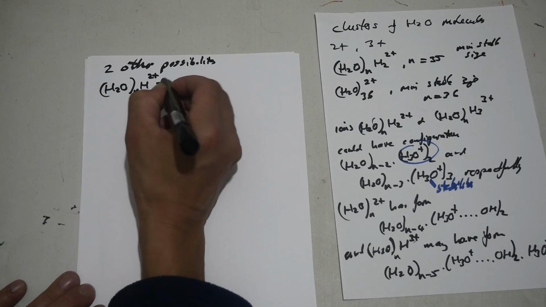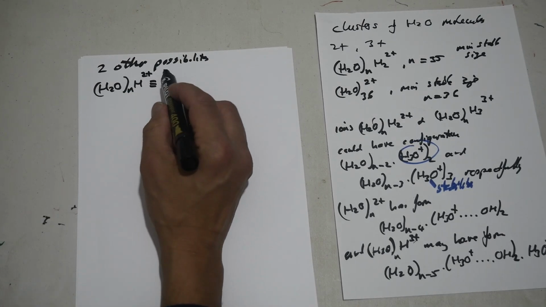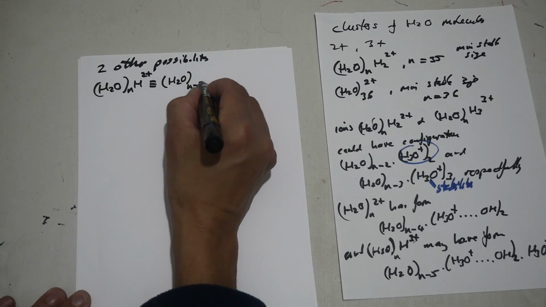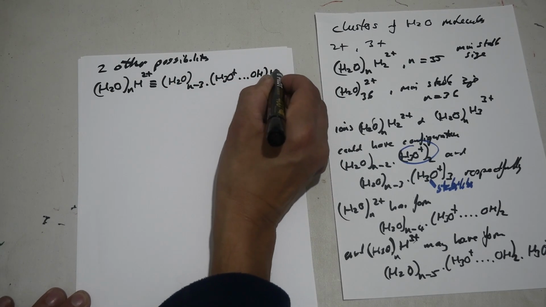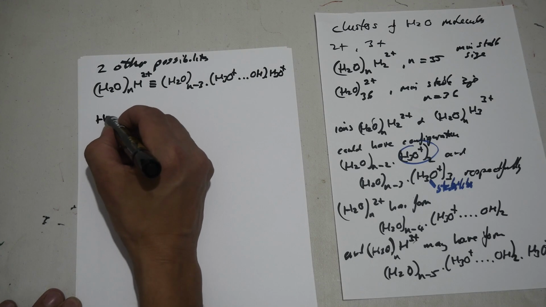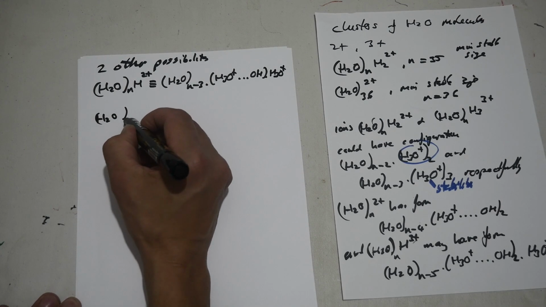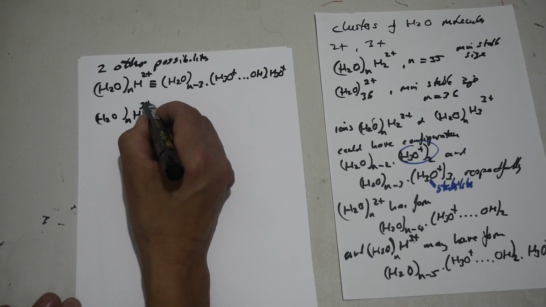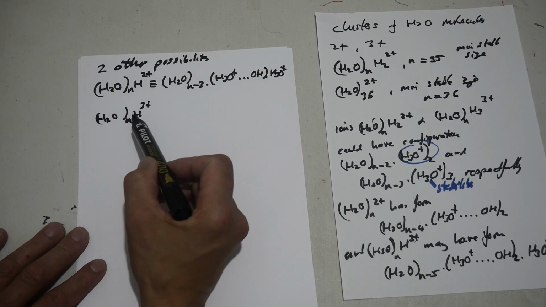So this is, I think, Stace speculates this structure. And you get this. So this is doubly charged and this is triply charged.